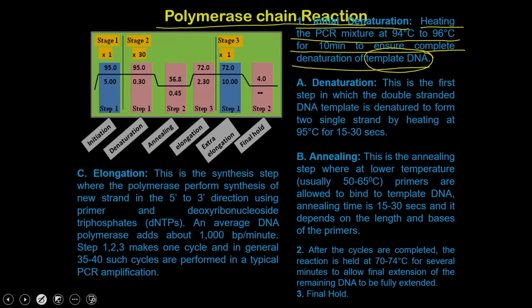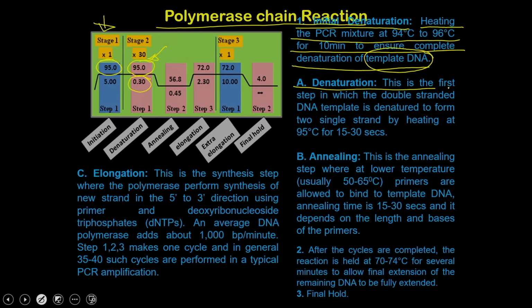When you start the PCR reaction, you first do the initial denaturation, and then you enter stage 2, where you again heat up the template for 30 to 45 seconds, and that is the denaturation step.